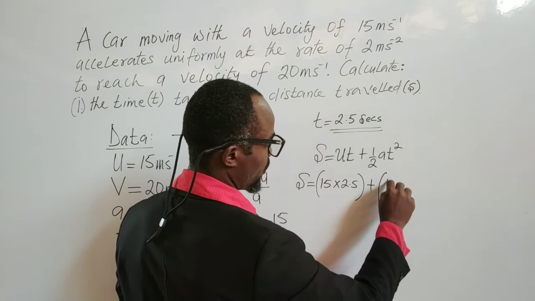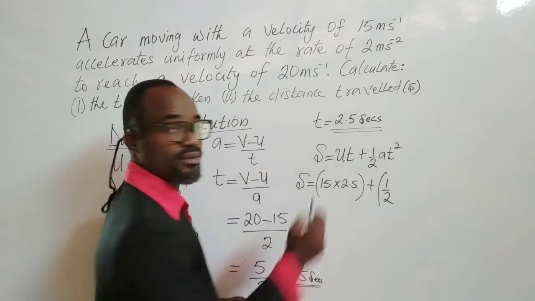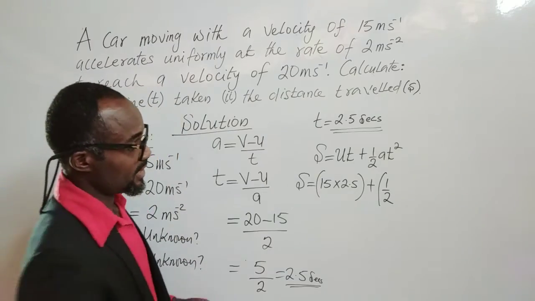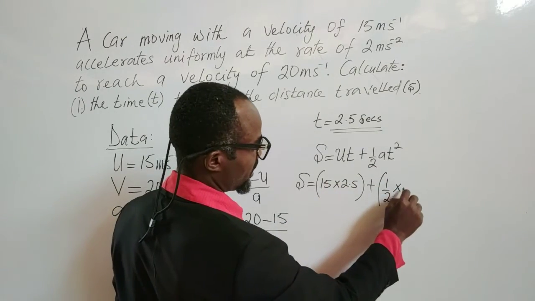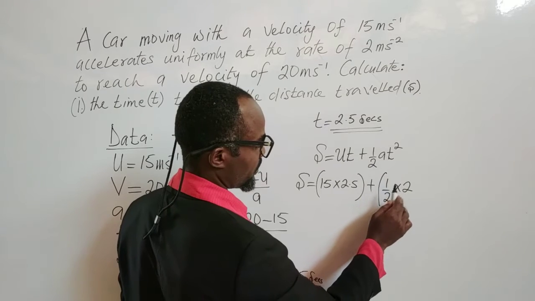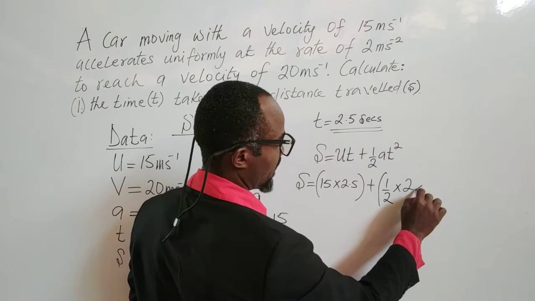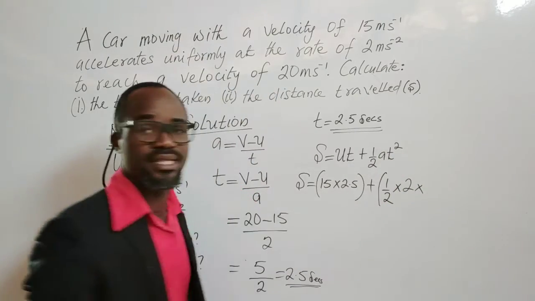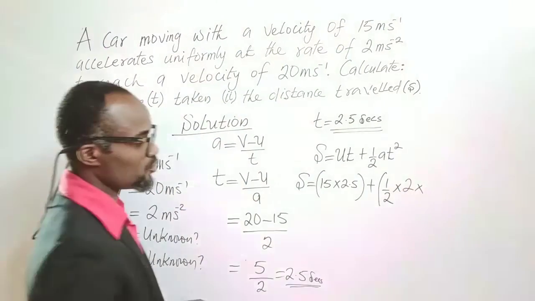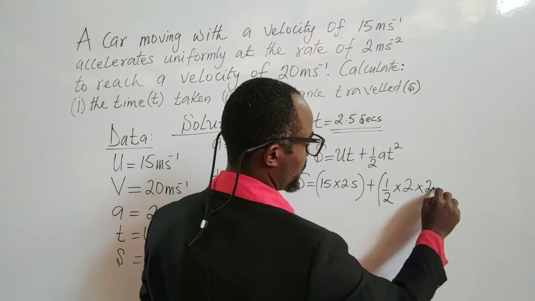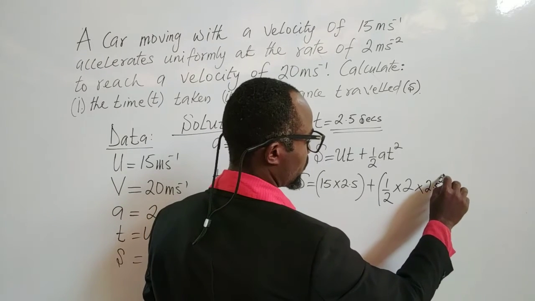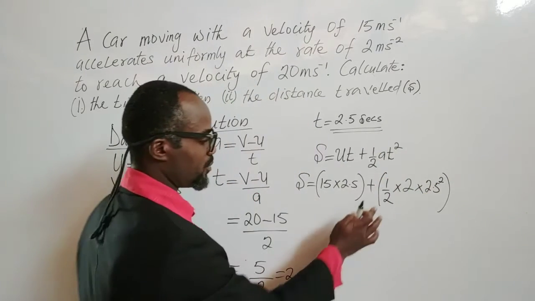We have 1 all over 2, and then the acceleration is given as 2 meters per second squared. And then remember, we've already found the time as 2.5, and 2.5 is going to be squared because it is squared at this point.